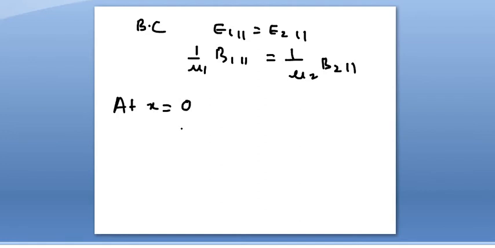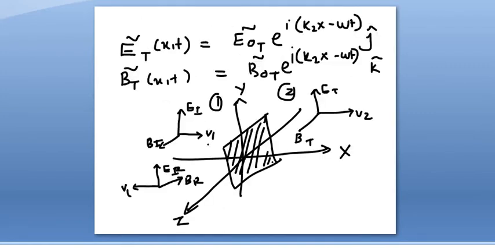EI plus ER and BI plus BR must join the fields to the right, that is ET plus BT. Look here once again. At x is equal to 0, this is the 0 point. EI plus ER must be equal to ET, and BI plus BR naturally should be equal to BT.